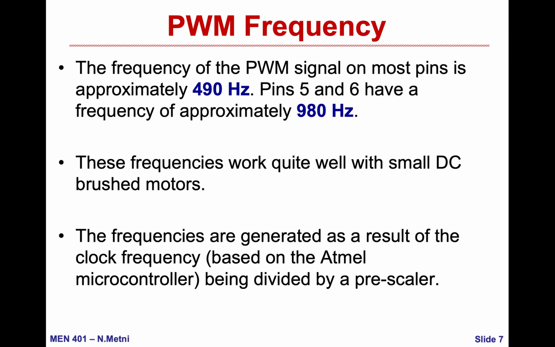With the high-level Arduino, the frequency cannot be changed. Most pins have a frequency of around 490 Hertz. Only pins 5 and 6 have a frequency of 980 Hertz, which is double the frequency of the other pins.